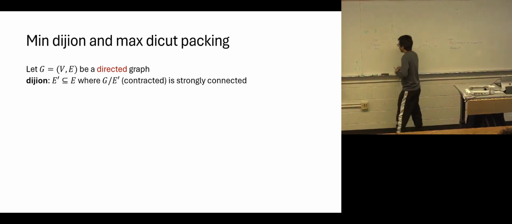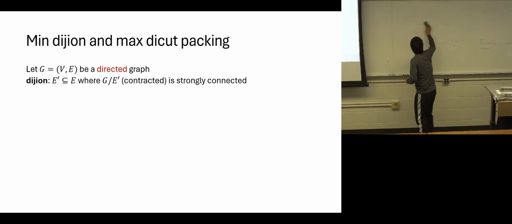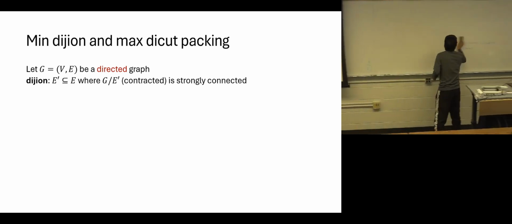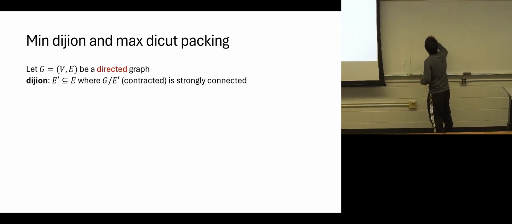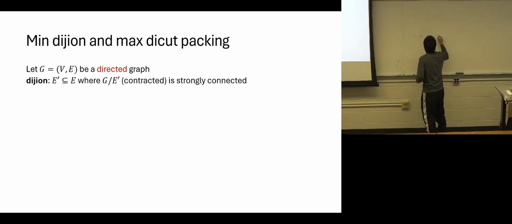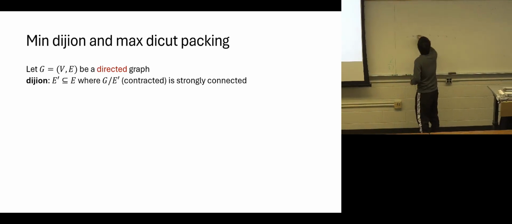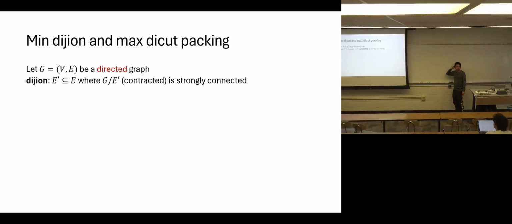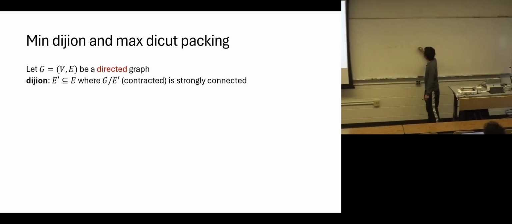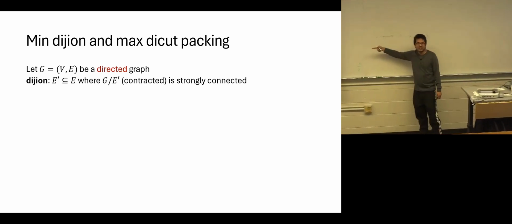Suppose the graph looks like this. This is not strongly connected, right? Because anyone here cannot go back.